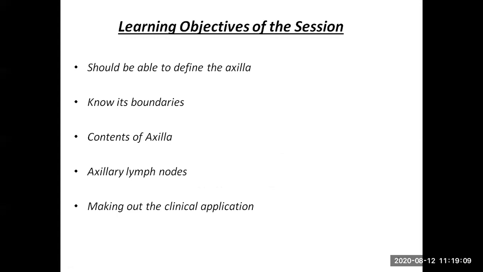It is a region, so you should know the boundaries also. You should know the contents of the axilla, the structures which are present in it. And you should know about the axillary lymph nodes, which is quite important.